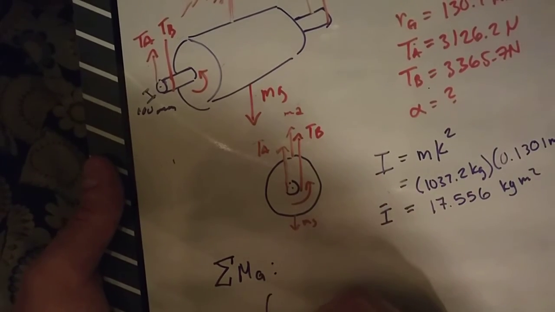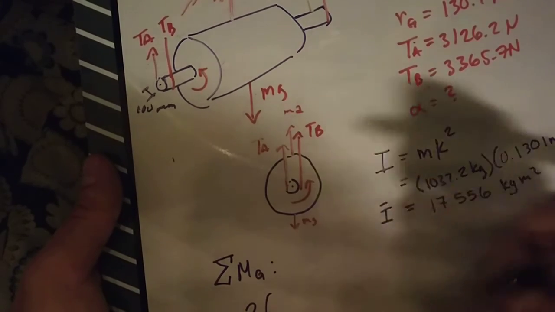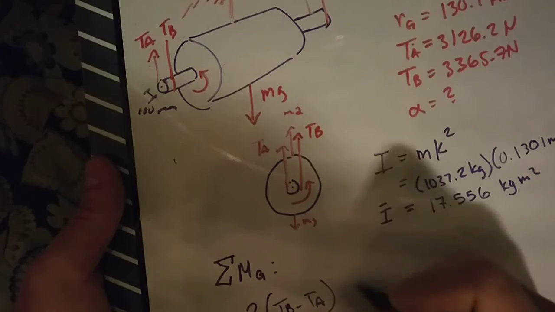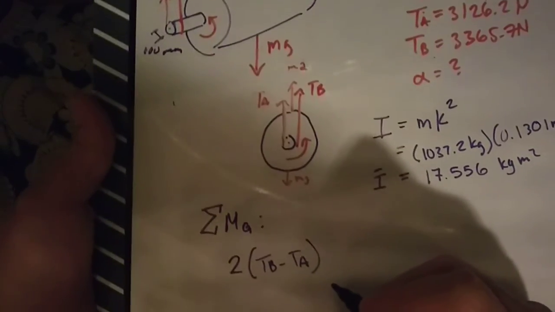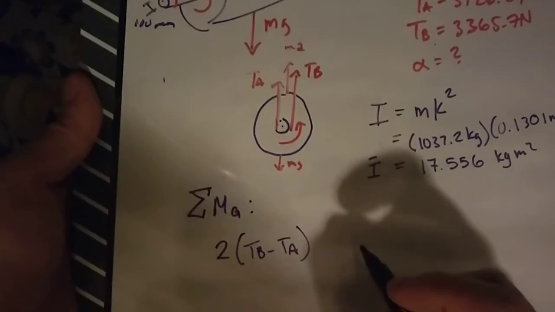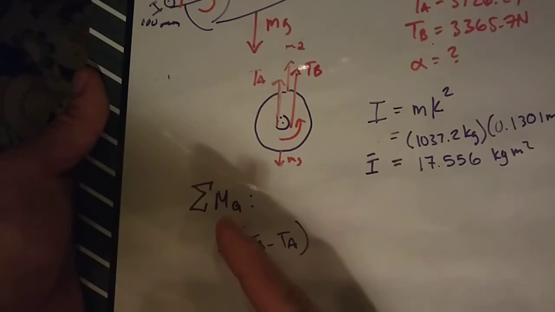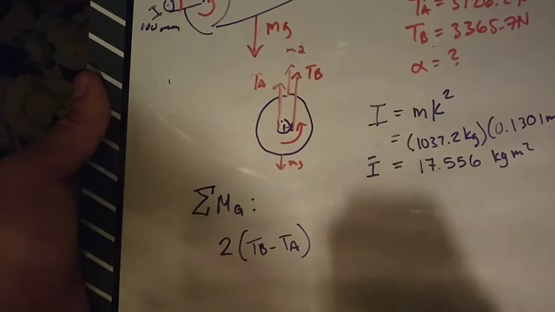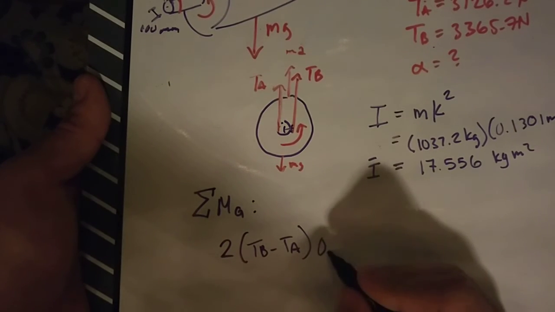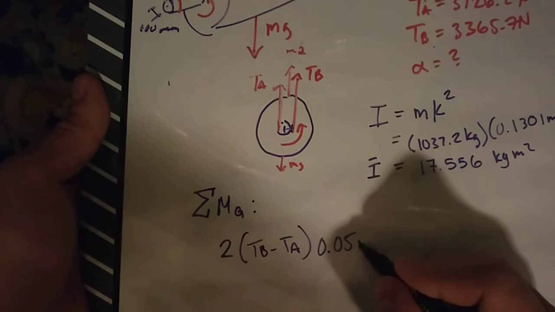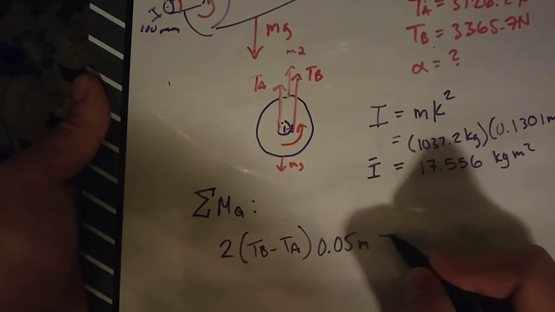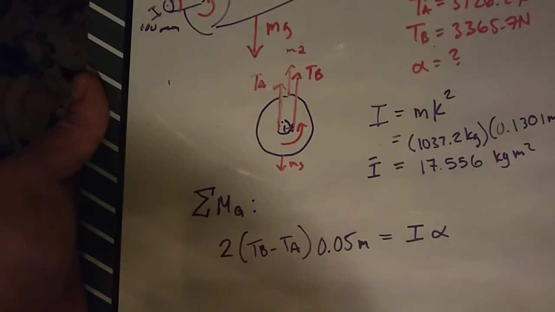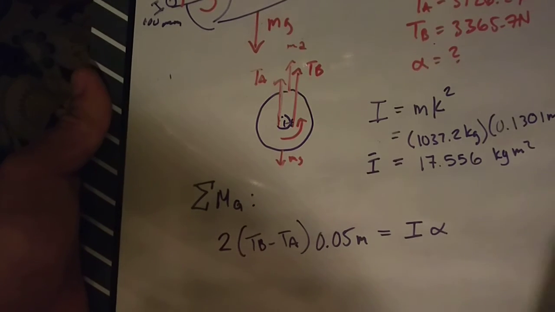What we can actually do is go 2, because we have 2 ropes, TB minus TA times the radius, which in this case, if it's 100 millimeters up there, this section right here, then we will have 0.05 meters here. And that is going to be equal to the moment of inertia times the angular acceleration.